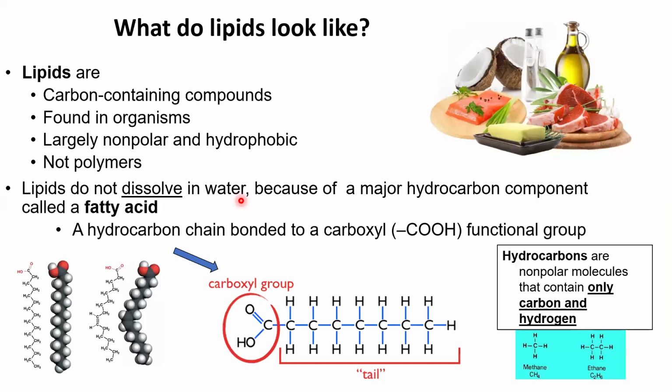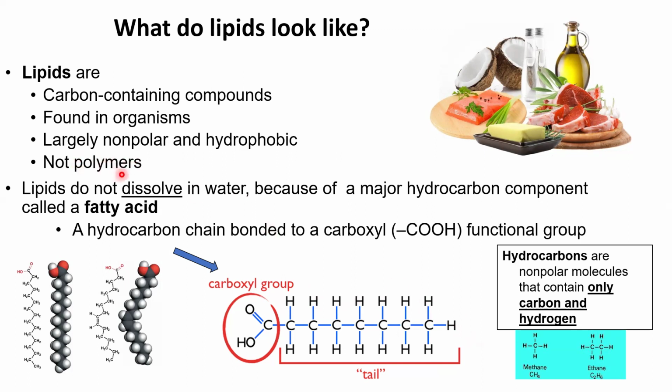So what do lipids look like? Lipids are basically carbon-containing compounds found in organisms, and they are largely nonpolar, because we can see how many carbons we have and not many polar functional groups.